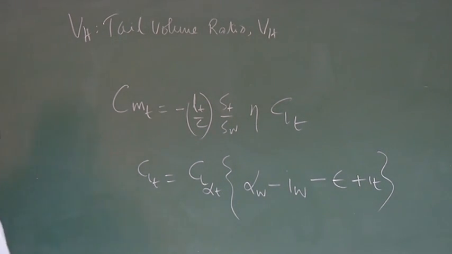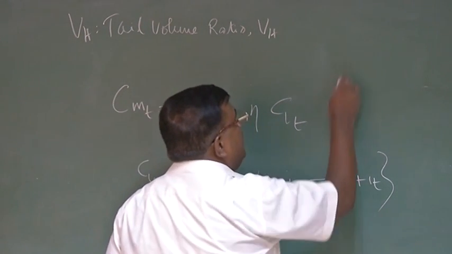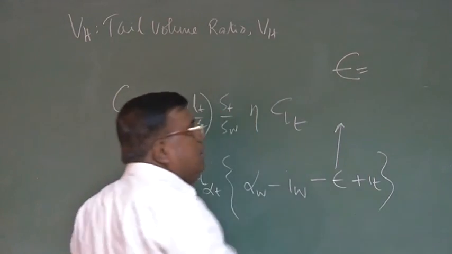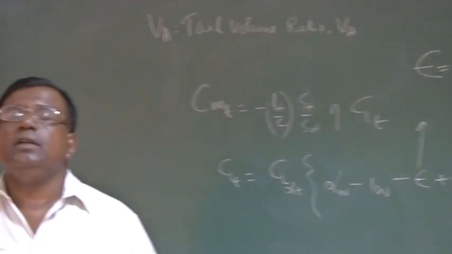Okay? And here, for simplicity, I can model epsilon. What is epsilon? It's the downwash, right? Downwash is modeled to be a function of angle of attack, with the understanding that as angle of attack increases, the lift increases. And lift means the pressure difference increases. So the strength increases.